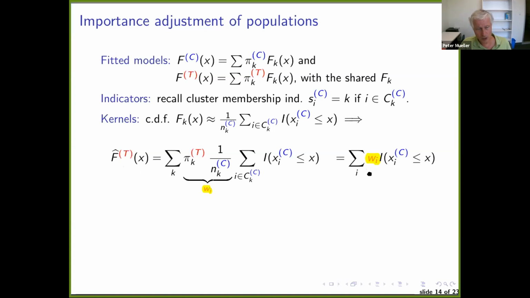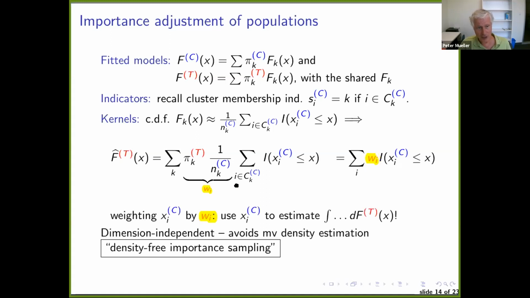By the usual arguments, you can in the next step show you can do it for any step function. And if you can do it for any step function, you can do it for any reasonably regular function. So at this moment, we have shown that posterior averages for any reasonably regular function under the red mixture model can be approximated by a weighted average of blue patients.